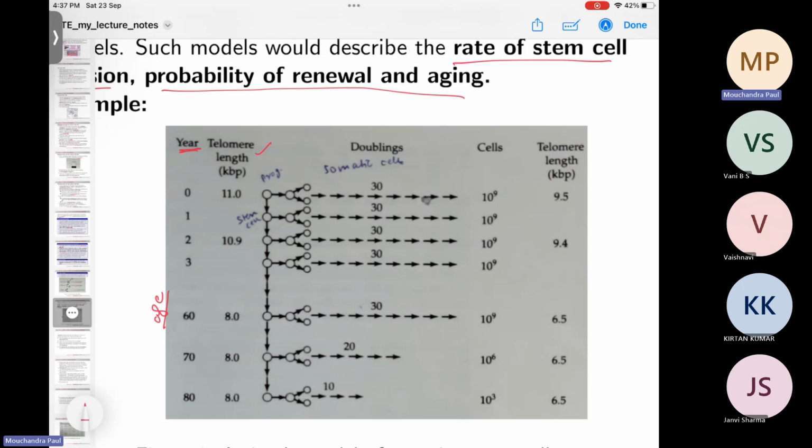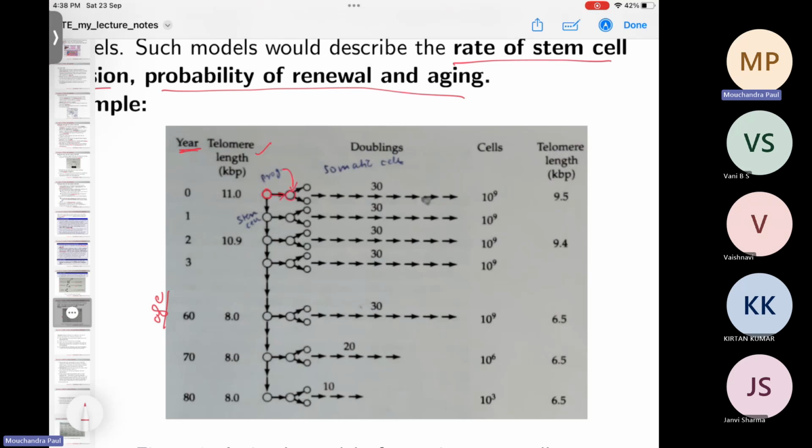Right, so this is the stem cell that is present inside a newborn baby, that is year 0, and once it is born, say due to some event, this stem cell has become active, because of which it forms a progenitor cell.